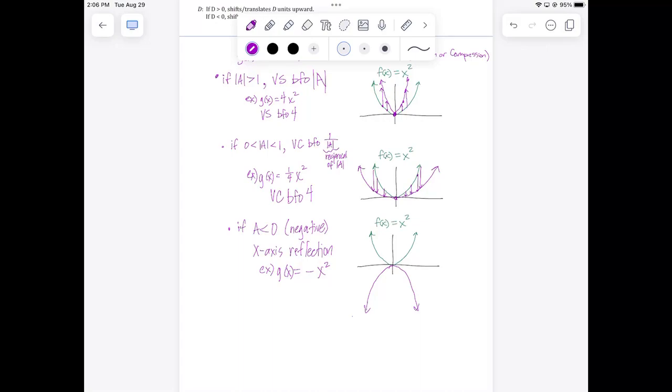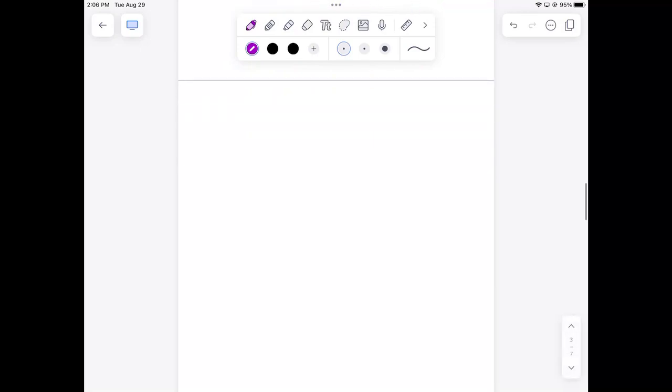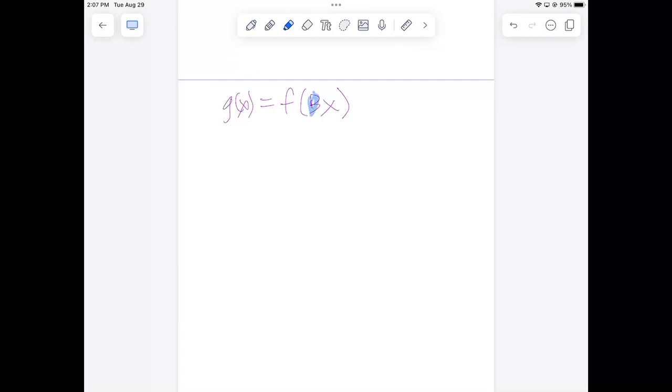So far, so good? All right, let's move on to the letter B, and I'm going to move on to a new page. So now we'll look at g of x equaling f of b times x. B is your horizontal dilation factor.